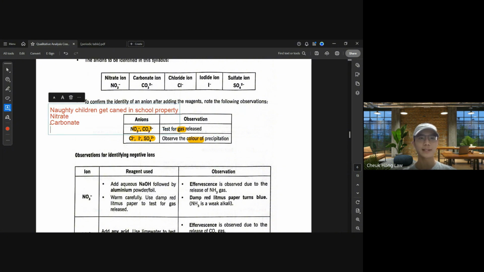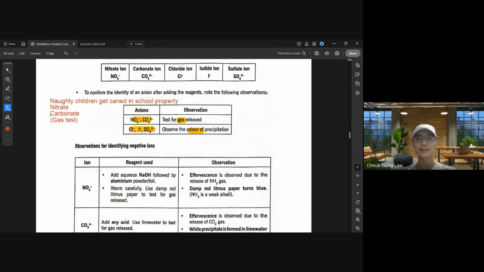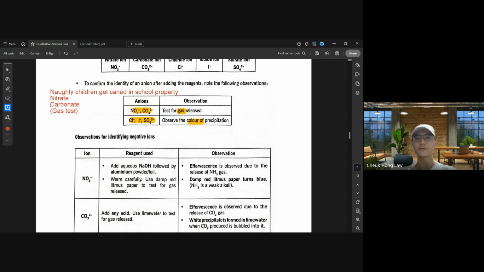And G basically means that you do a gas test. So for nitrates and carbonates, you want to test for the gas release. That means there'll be effervescence observed, and then you have to test for the gas.